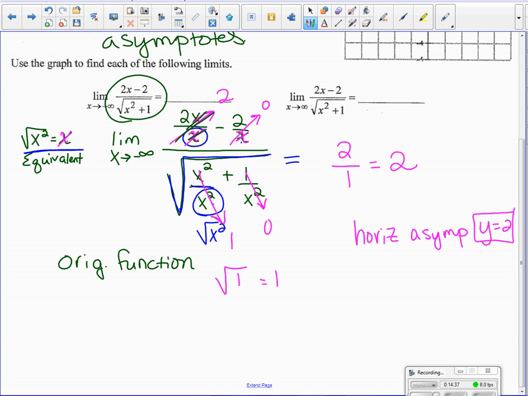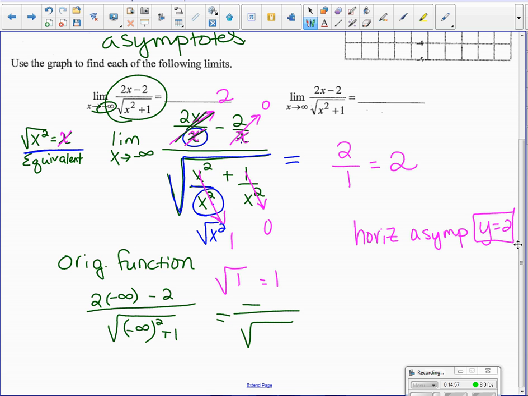And I want to go to negative infinity, so I have 2 times a negative number, -2, divided by the square root of a negative value getting squared plus 1. On top, I will have a negative value. On bottom, I have the square root of a negative being squared, which will be positive. And here you can see why it comes out to be negative, and this answer will then be -2.